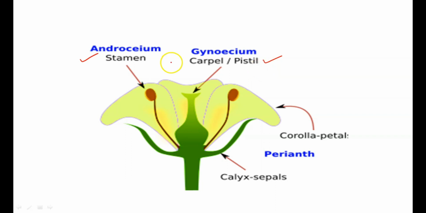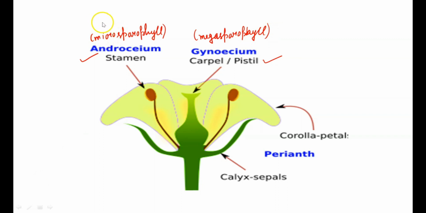Where androecium is also known as microsporophyll, right? And gynoecium is known as megasporophyll. Now microsporophylls are the leaves which consist of spores or male gametes, right?